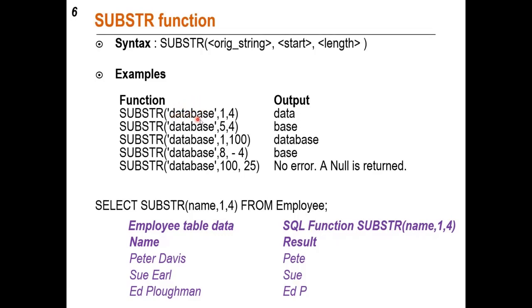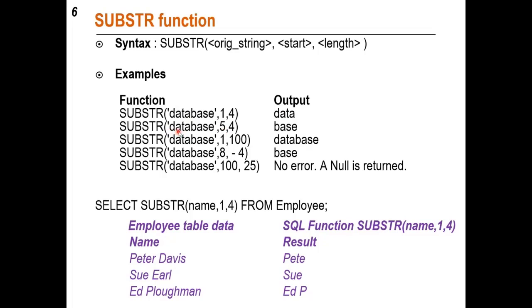Here I am specifying the original string, the word database. I want to extract 4 characters starting from number 1. Starting position 1 is D, so the 4 characters means 1, 2, 3, 4. So, data.